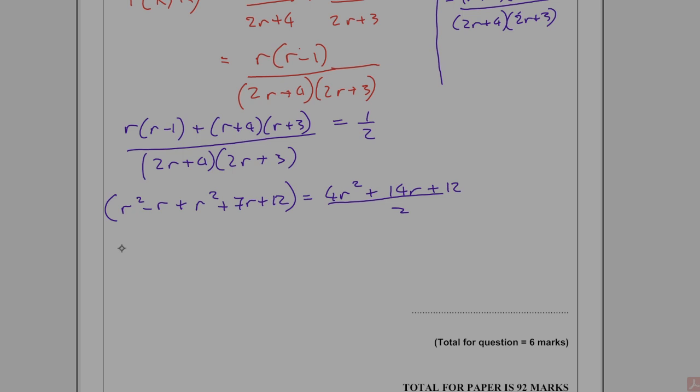So that would give me 2R squared plus 6R plus 12 is equal to, and if I divide this by 2, R squared, 2R squared plus 7R plus 6.